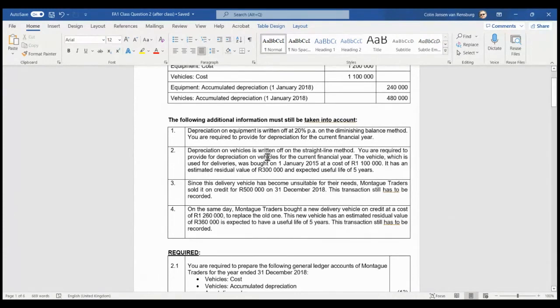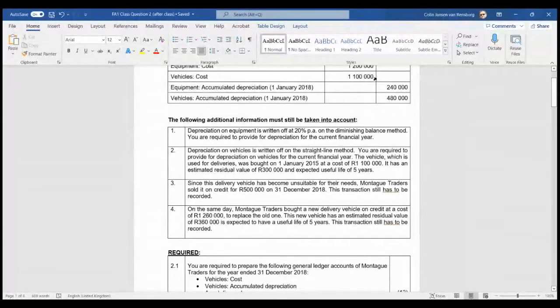You are required to provide for depreciation on vehicles for the current financial year. The vehicle, looks like it's only one vehicle, which is used for deliveries, was bought on the 1st of January 2015. So that's a number of years ago, 3 or more years ago already, at a cost of 1.1 million rands.